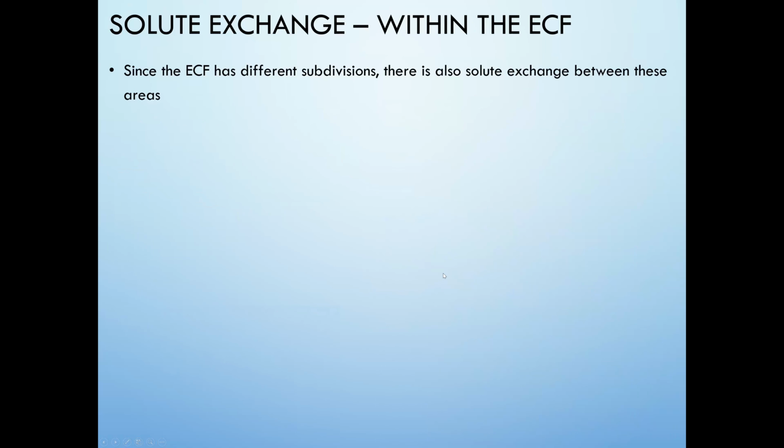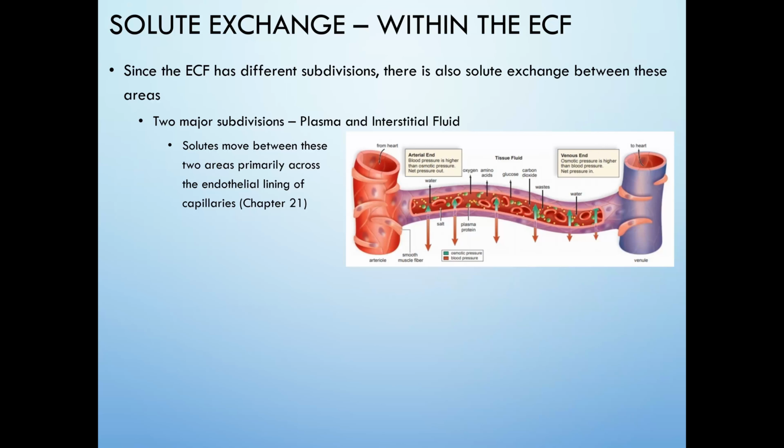So since the ECF, the extracellular fluid, has different subdivisions, there is also solute exchange between these areas. And again, the two major subdivisions of the ECF are the plasma and the interstitial fluid. And solutes move between these two areas primarily across the endothelial lining of capillaries, which we discussed extensively in chapter 21.